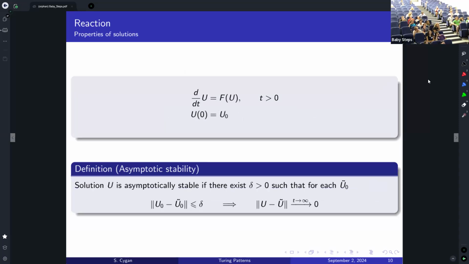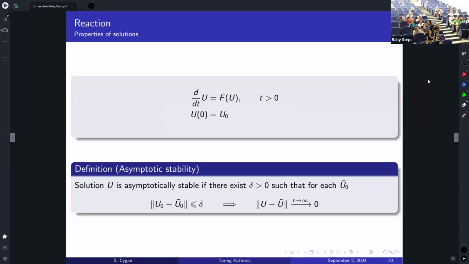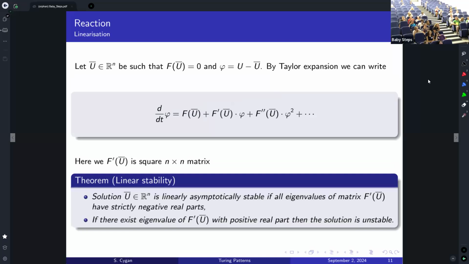Why? Because if I substitute u-bar into this equation, this term will be equal to 0 by our assumption, and the time derivative of a constant does not depend on time, so it is 0. So basically u-bar is our solution. And now we would like to study the stability of this constant solution.